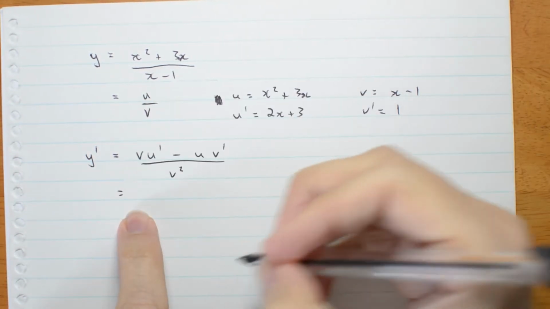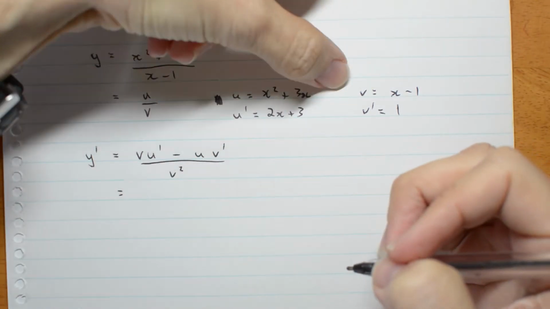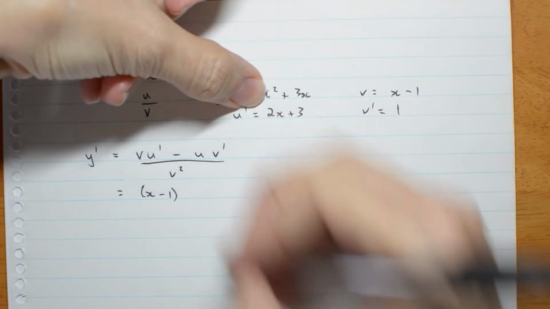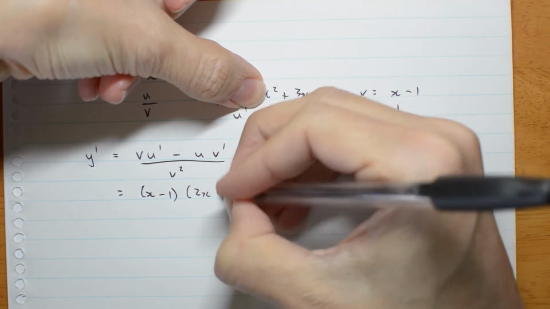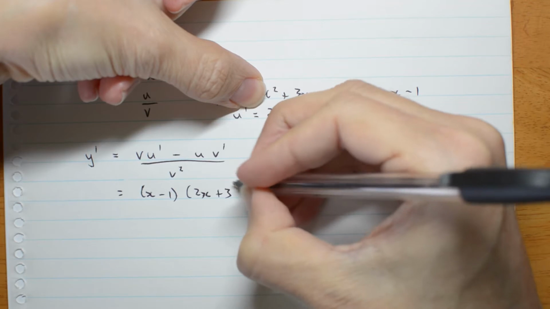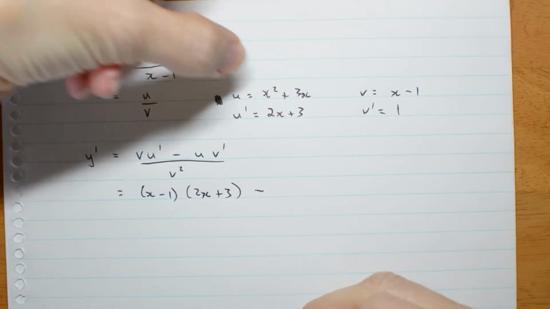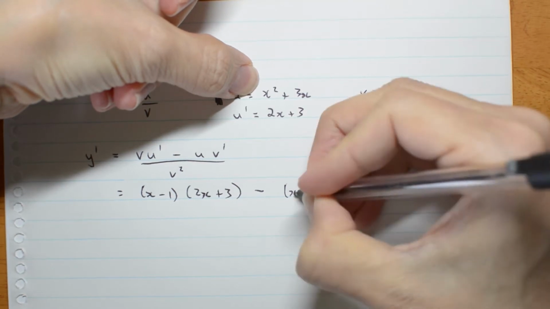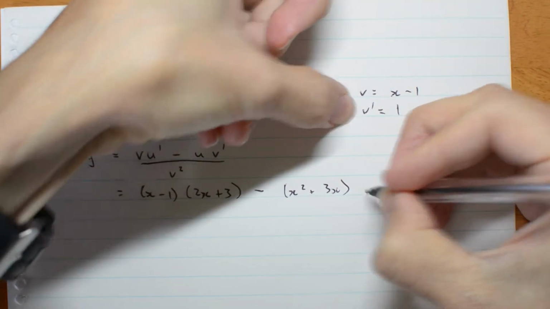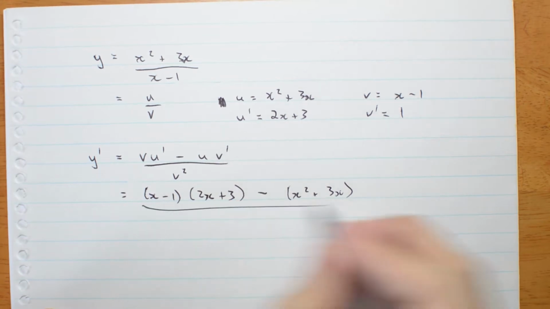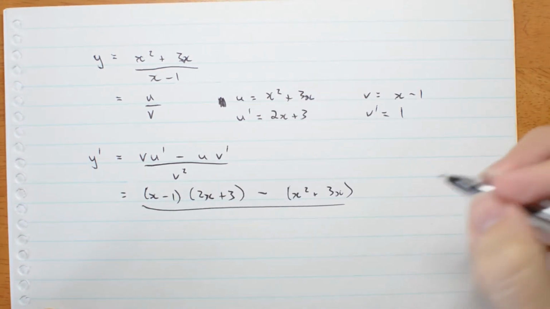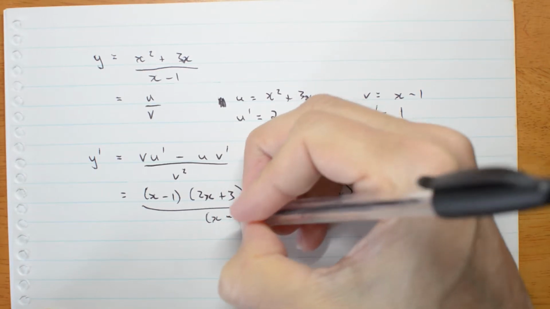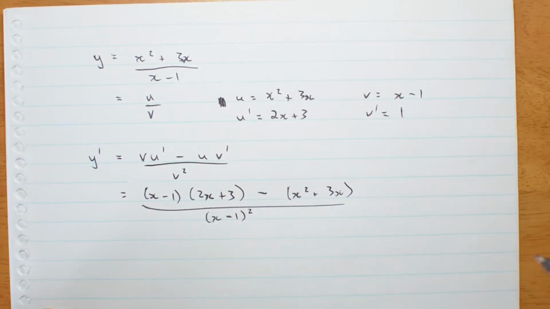Put in what we know. v is x minus 1, u dashed is 2x plus 3, minus u, x squared plus 3x, v dashed is 1. Well, that was easy. Over v squared. Now, I don't actually care about this, but x minus 1 squared. I could have just left it as v squared.